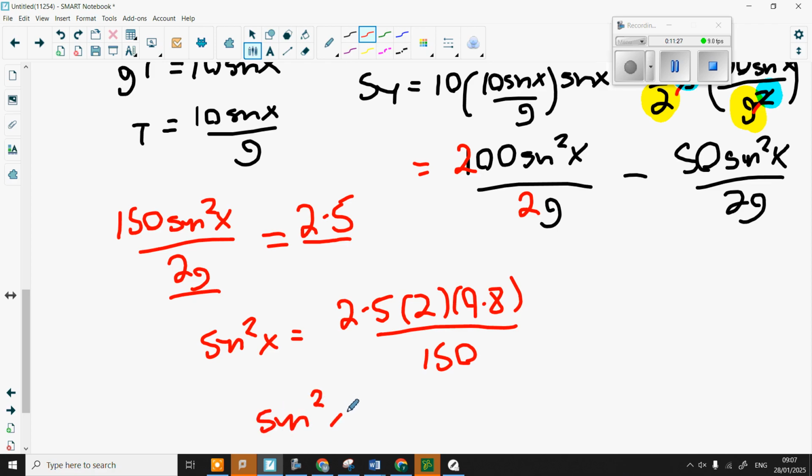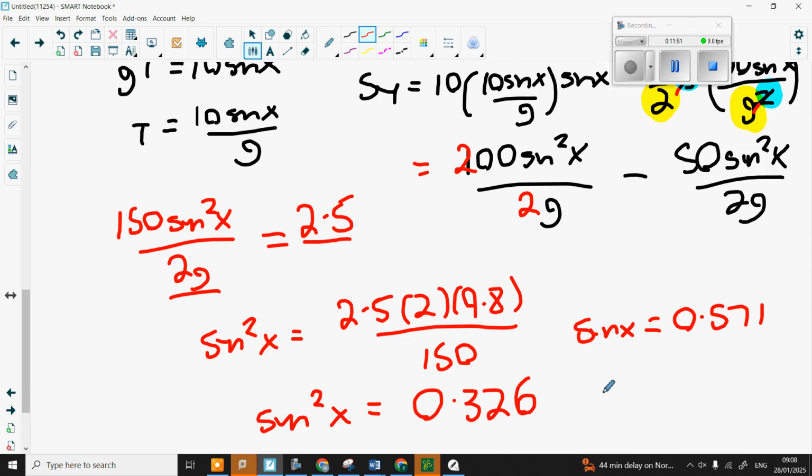So what do you get for that? 0.326? Square root that. What do you get? 0.571. Sine inverse that. 34.81.